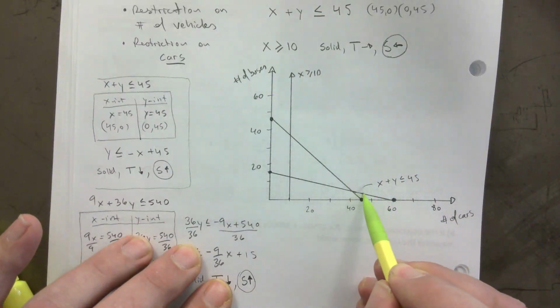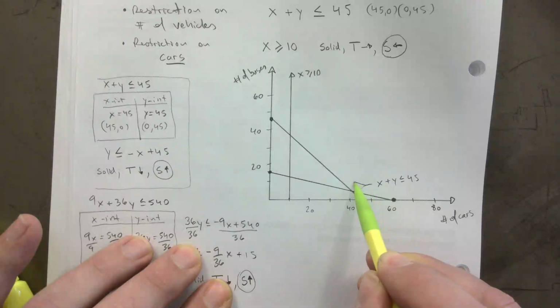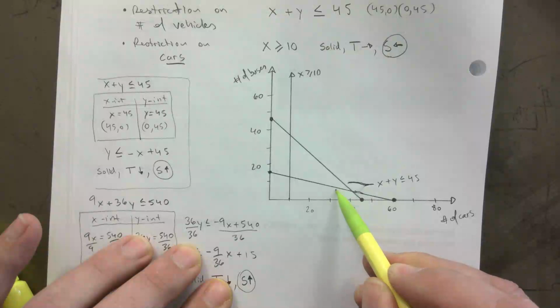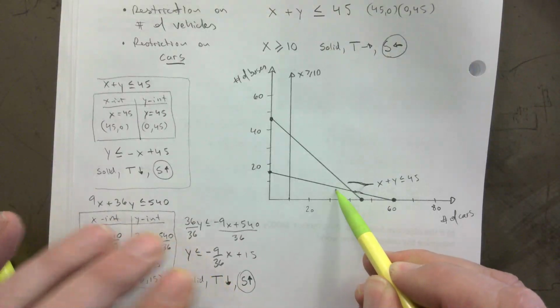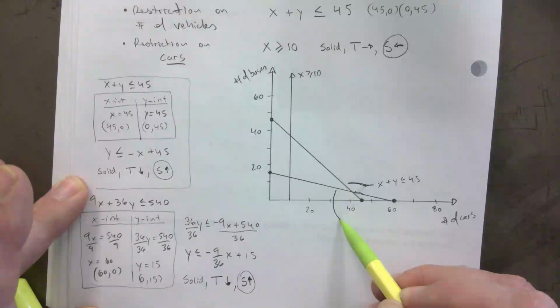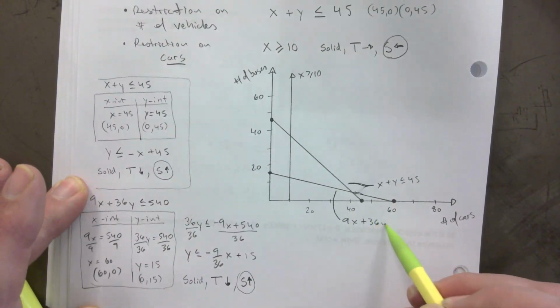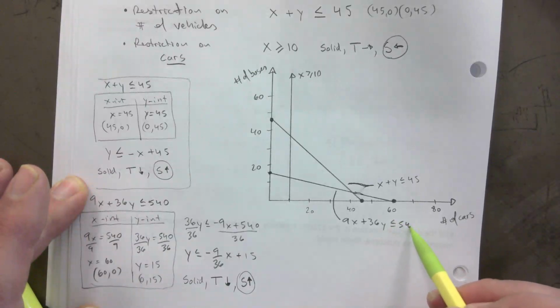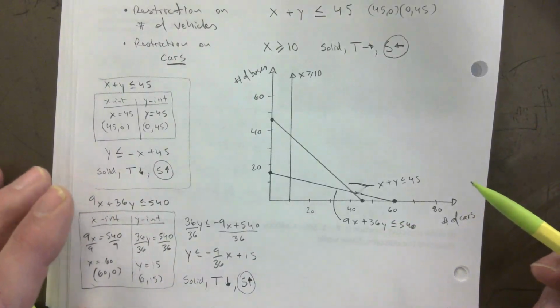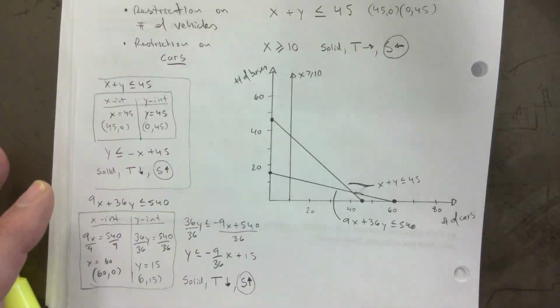I'm going to redo this part. I'm going to put the arrow to this one. And this one here, I'm going to label out here, and I'm going to call this 9x plus 36y less than or equal to 540. So that's fine to do. Don't mix them up.